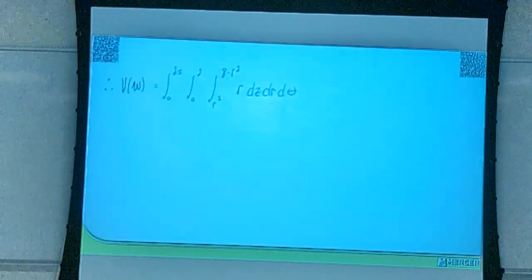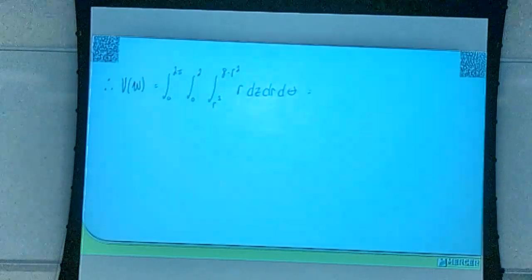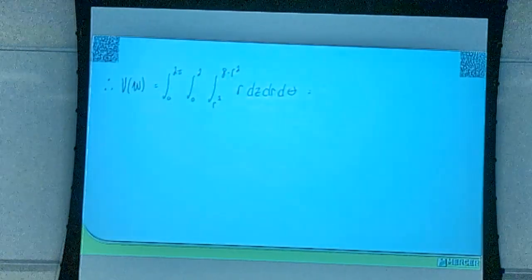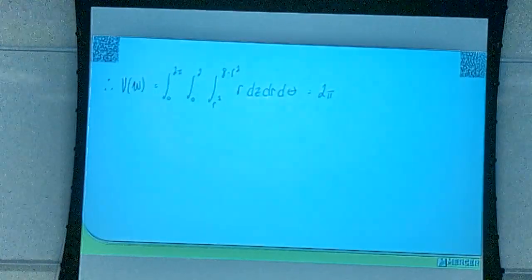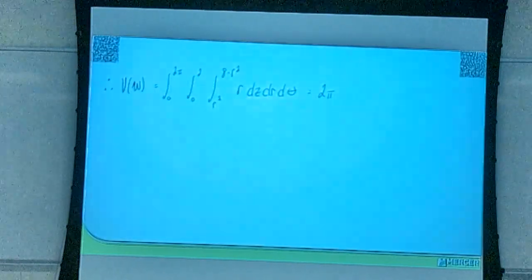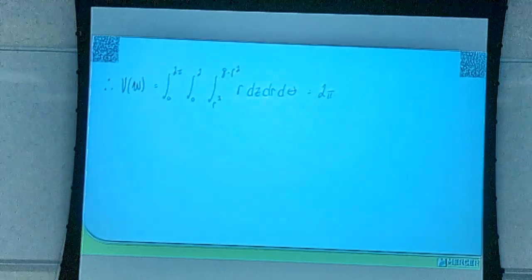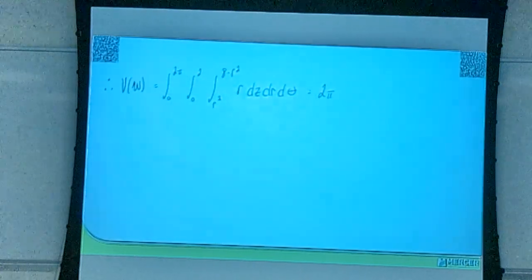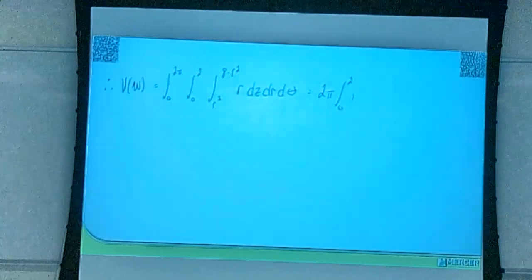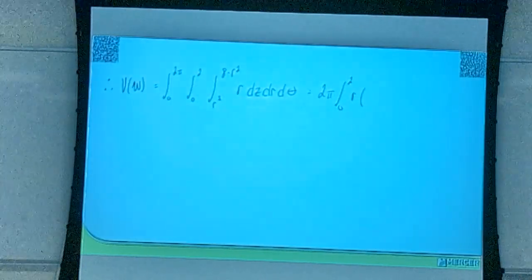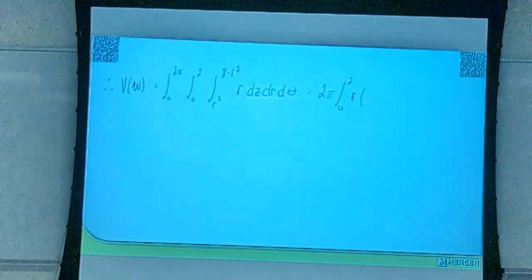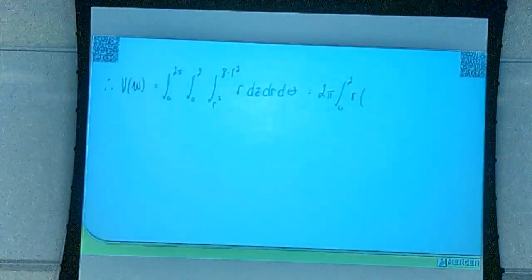No theta anywhere, right? So integrate with respect to theta gives you 2 pi. There's also no z, so go ahead and integrate with respect to z. It'll be 8 minus r squared minus r squared.